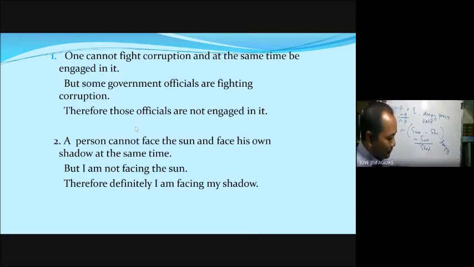Valid? What do you think? It's a multiple disjunction. It follows the denying process. So, invalid. Yes, invalid. This is invalid.